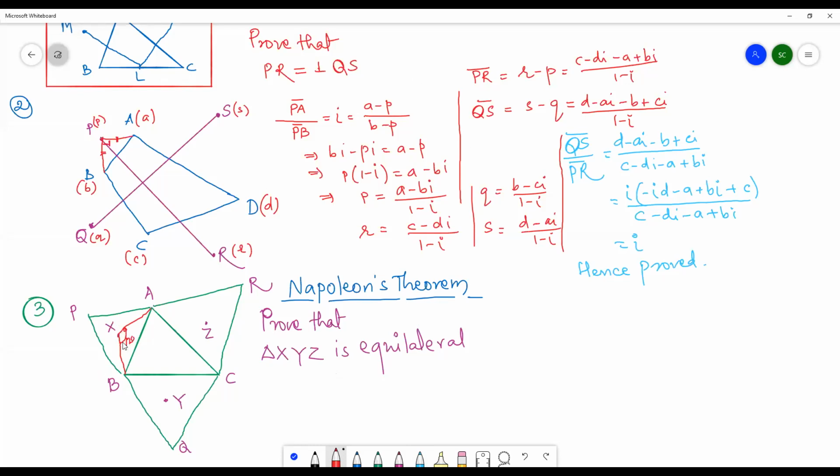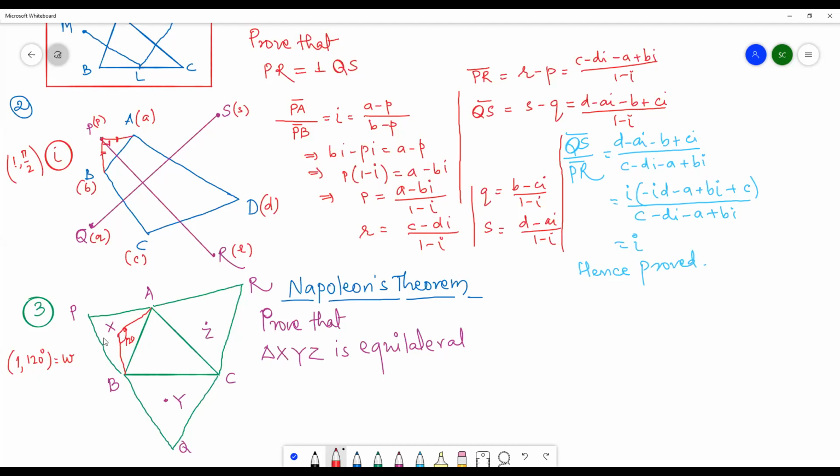Now it was 90 degrees, therefore the operator was I, because I is 1 comma pi by 2, keeping the magnitude the same, rotation by 90 degrees. Now we want, keeping the magnitude the same, rotation by 120 degrees, and therefore your first complex cube root of unity, omega, is your operator.